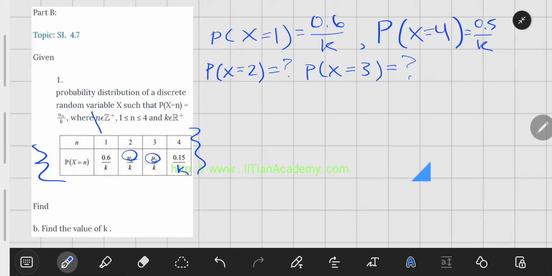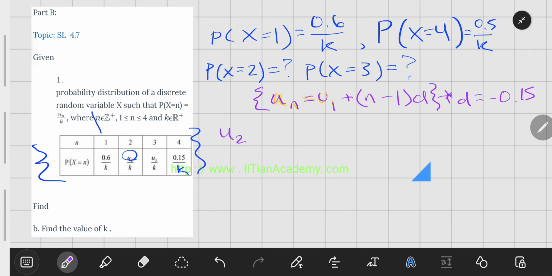Now we continue the question on to part B, where we're given a probability distribution table below. And we are asked to find the value of k, where k is the value that gives us the probability of an event occurring at some integer n, where for some value in our arithmetic sequence that is at n is divided by k.